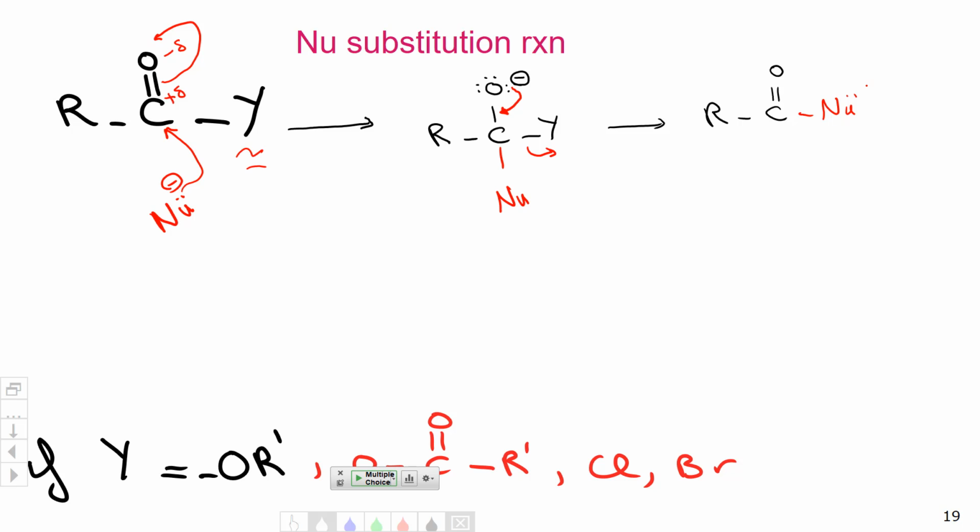The nucleophile will substitute the Y. And it's very predictable. Even if you don't memorize the reactions, you can just predict them because it is very easy. The nucleophile substitutes the Y, the leaving group in there. Does this make sense as a mechanism? Very good.